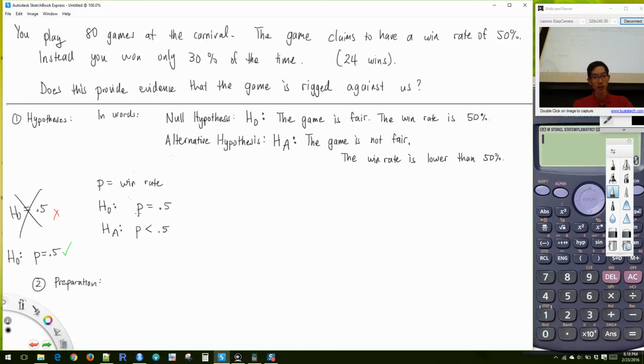The default significance level is to use alpha equal to 0.05. So alpha is most often something around 5%.